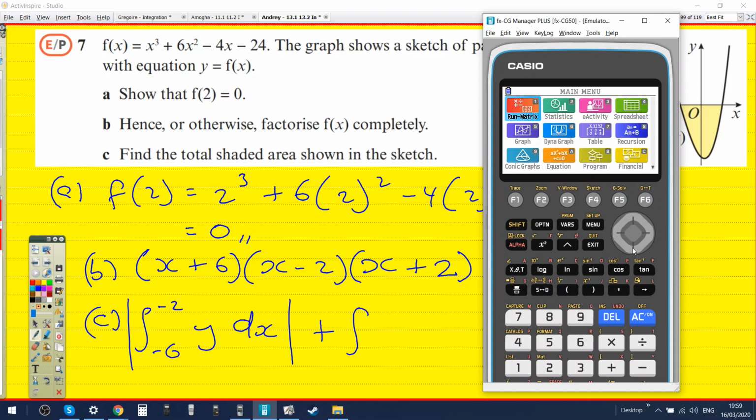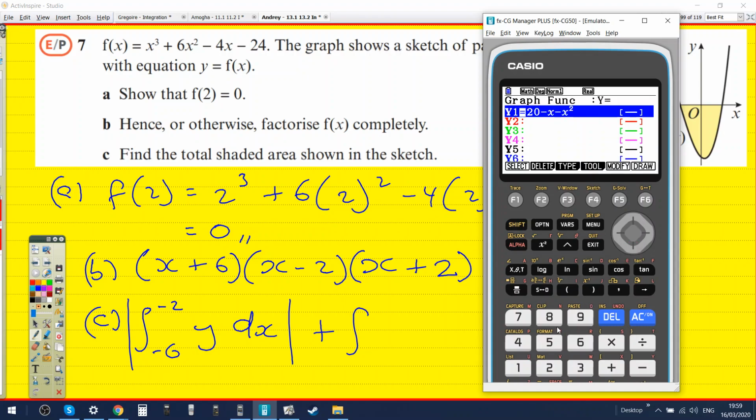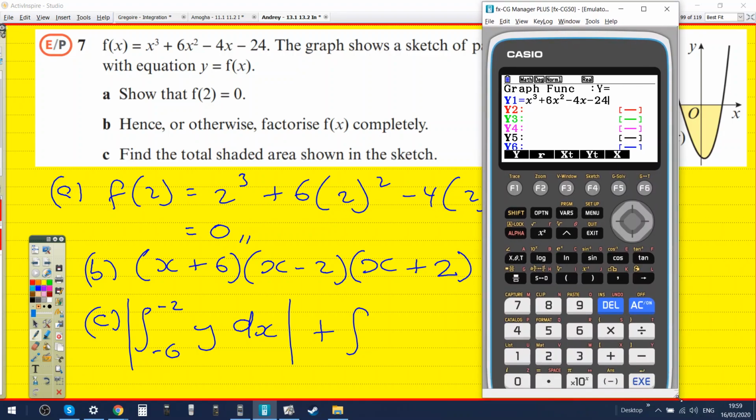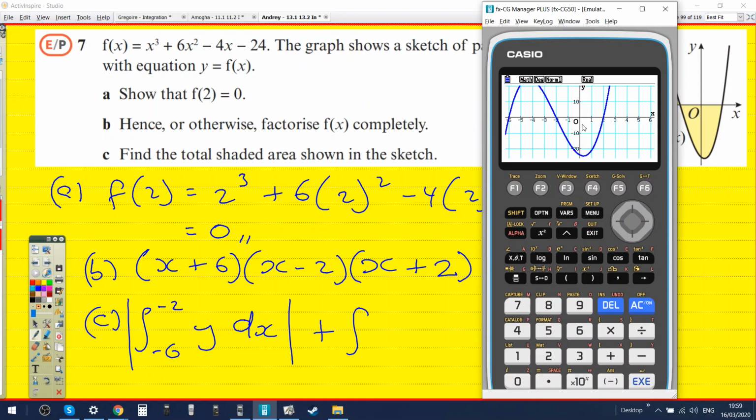Menu, graph, x cubed plus 6x squared minus 4x minus 24, and we want to draw that, and so we do.